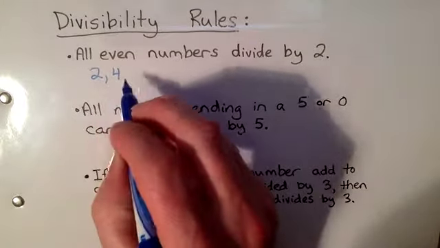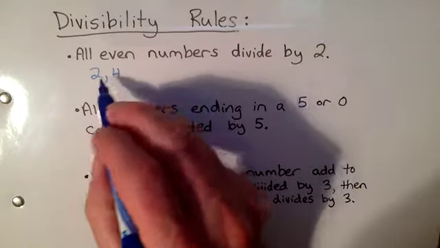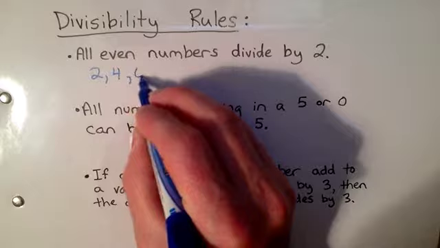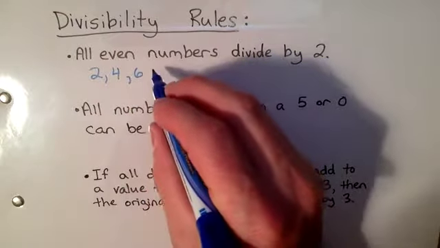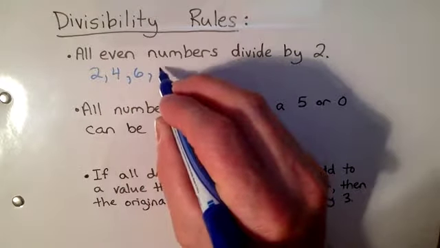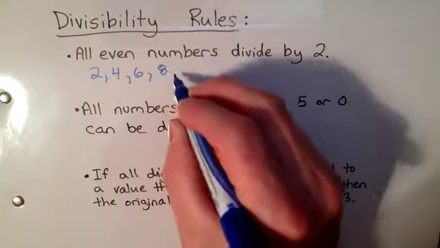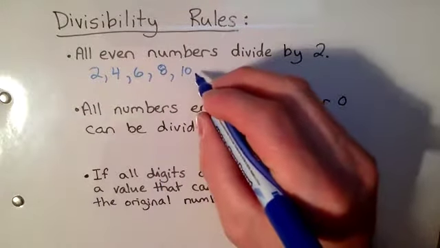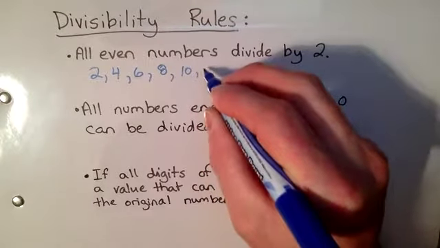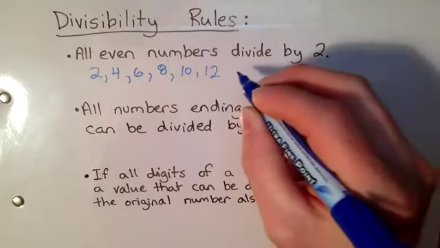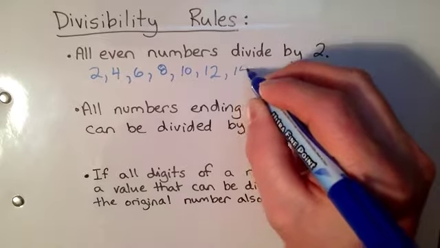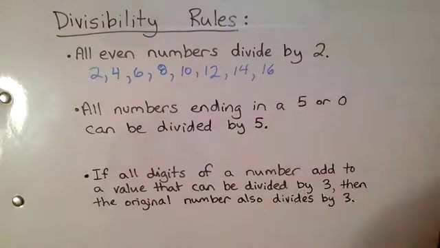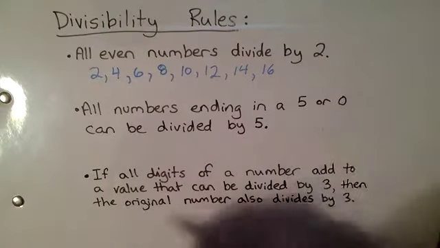So 4 is divisible by 2 because 2 times 2 is 4. 2 times 3 is 6, which is divisible by 2. 2 times 4 is 8. 2 times 5 is 10. 2 times 6 is 12, and so forth. We can keep going basically forever, going up by 2's.